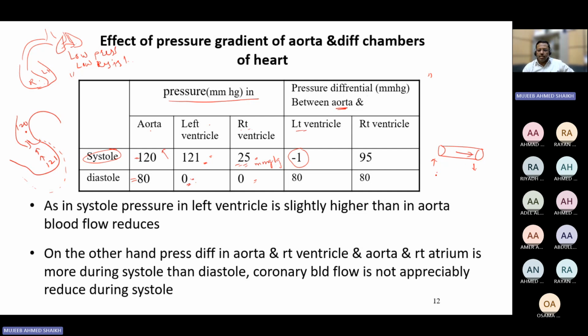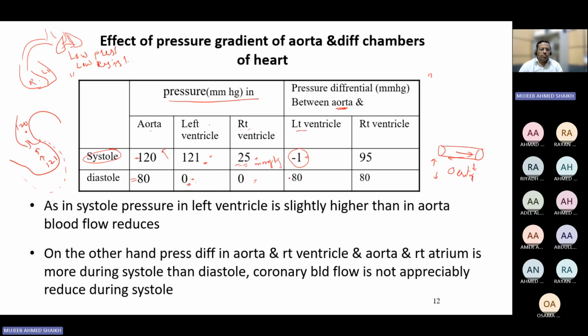If the pressure is low here, lower than this side, then the opposite circulation will occur. You can say there will be zero circulation during systole. Why? Because it is negative, no circulation. Left ventricular muscles will receive very negligible or no blood during systole.